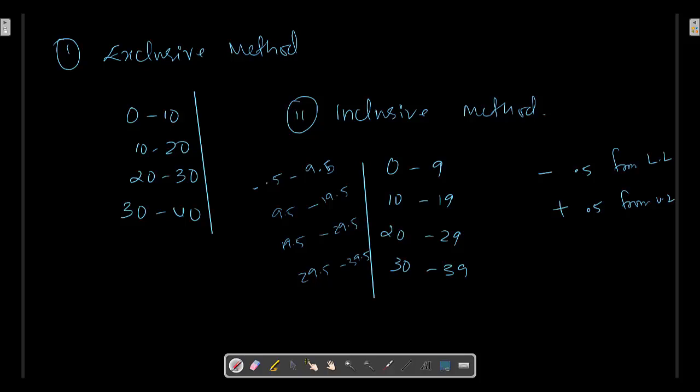After that, we are also going to make a frequency distribution according to the hint given here, and then convert the given frequency distribution into a continuous class interval or an exclusive method of frequency distribution. I'm sure once we solve question number 1, you will have no problem in solving the rest of it. So let's go ahead and solve question number 1.